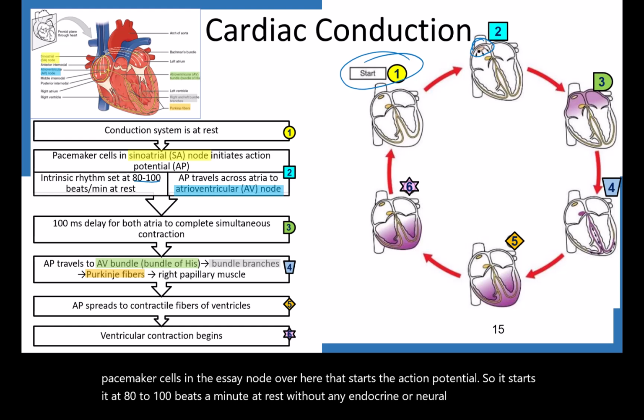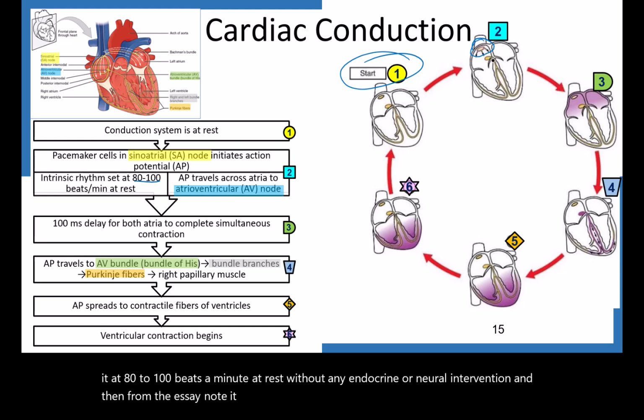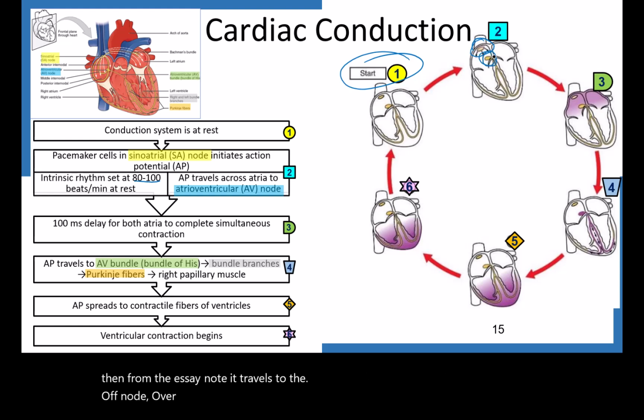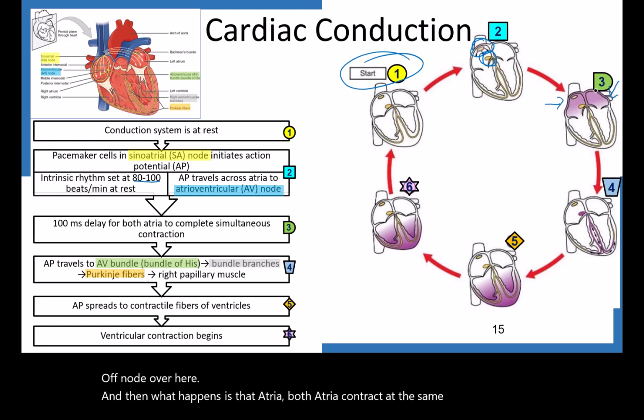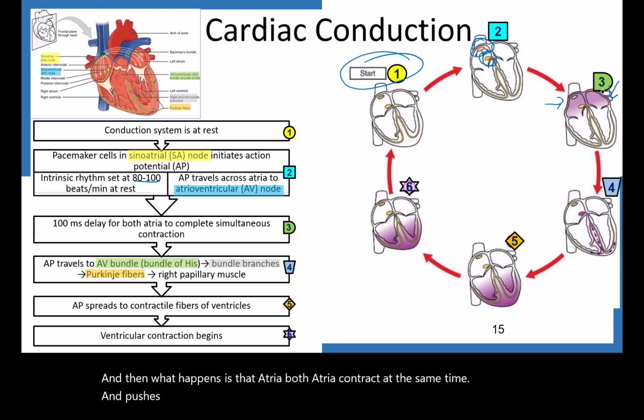From the SA node, it travels to the AV node over here. Then both atria contract at the same time, and the contraction of the atria actively pumps blood from the atria to the ventricles.